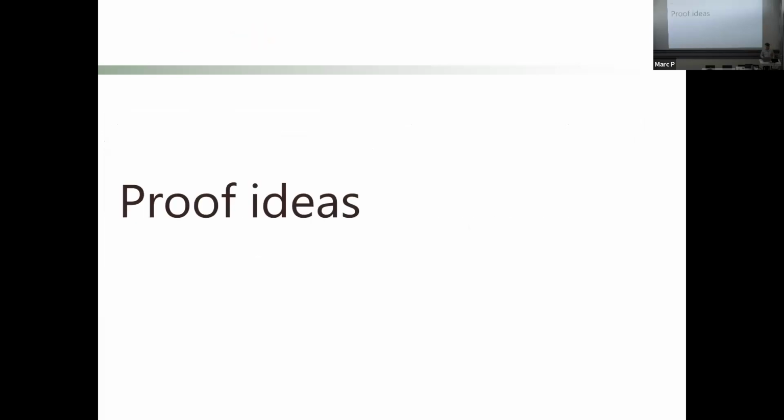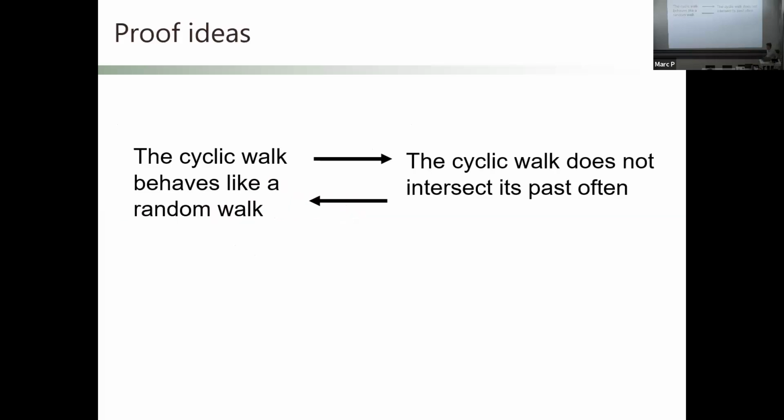Okay. So now I want to give a summary of how you might approach this question. What we said was that in 5 dimensions, we're hoping that the cyclic walk behaves like a random walk.